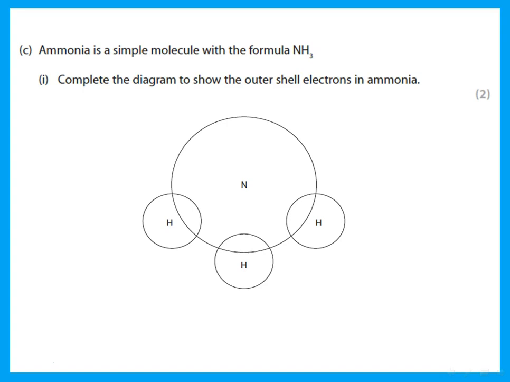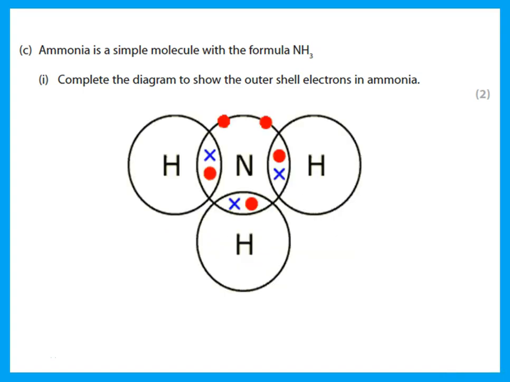It needs 3 electrons to have a full outer shell, which is 8. Now, each hydrogen can donate 1 because each hydrogen has 1 electron and it needs only 1. So each hydrogen shares one electron with the nitrogen, and the nitrogen still has the rest of its 5. So you need to put the other 2 electrons away from the sharing between the nitrogen and the hydrogen.